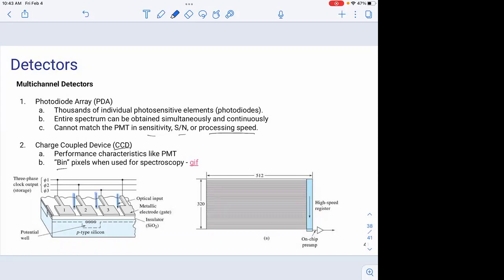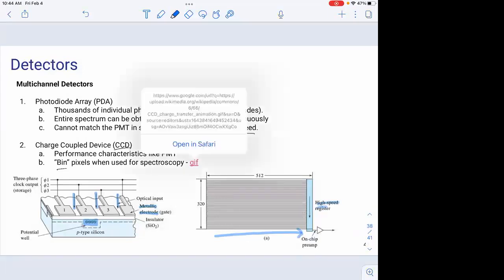It's going to hit this insulator, and charge will be stored under these metallic electrodes that act as little shepherding gates. The charge will be ratcheted across this assembly line of pixels in my array detector, and then it can be detected in register, which is exciting.